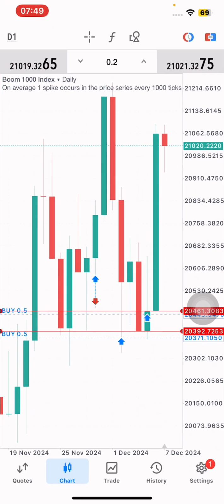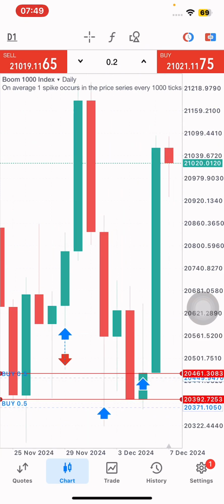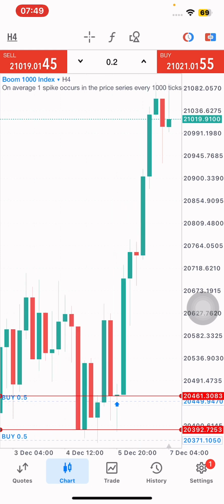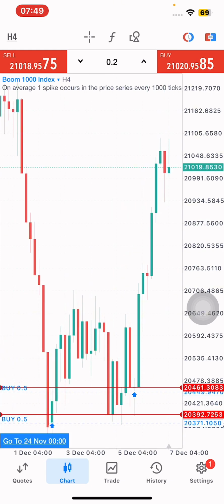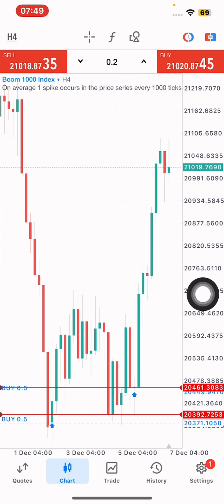Now, if you mark the daily highs, let me move to the 4 hours time frame. You can see this is the daily high and this is the daily low. Once you identify them, you'll identify a break of structure in the lower time frame.